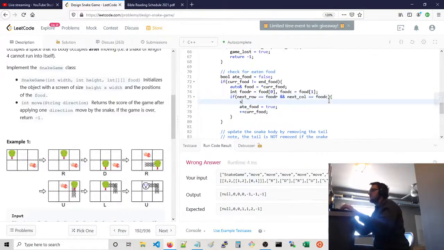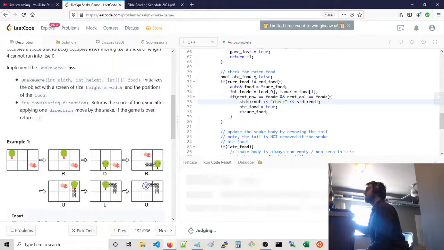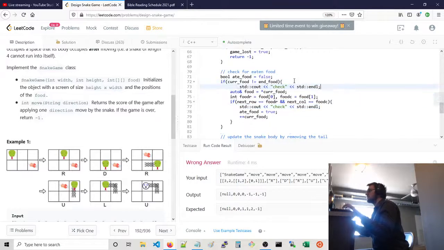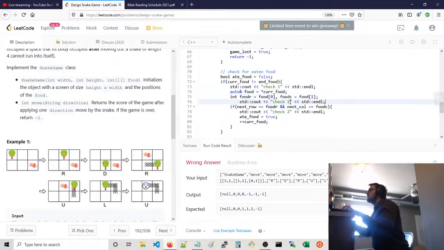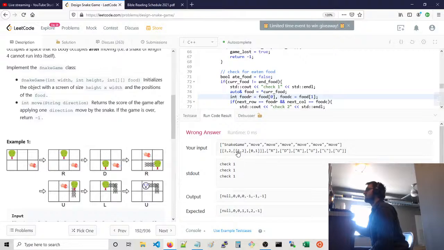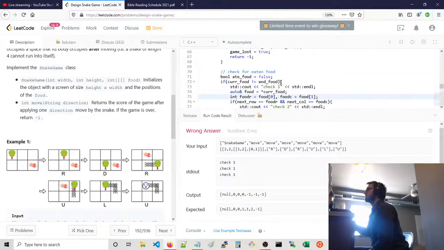Do we enter this spot here? Something's missing here. No, we never into that spot, huh? Let's just see if we get into check 1. Okay. Check 1, check 1. 1, 2, 3. All negative ones after that.